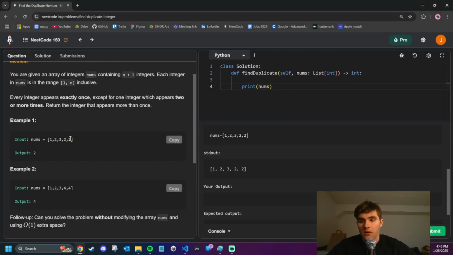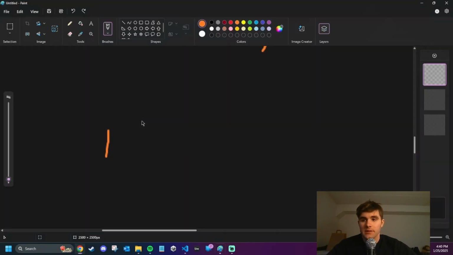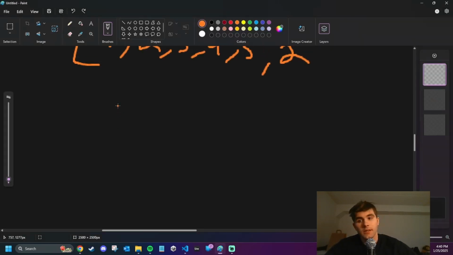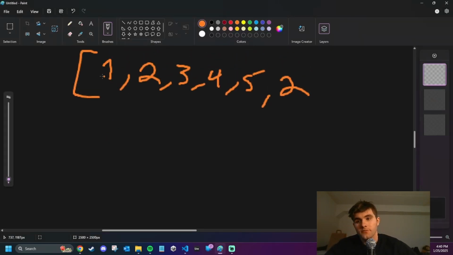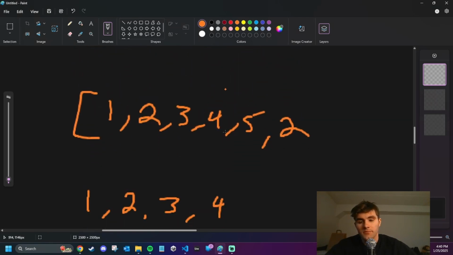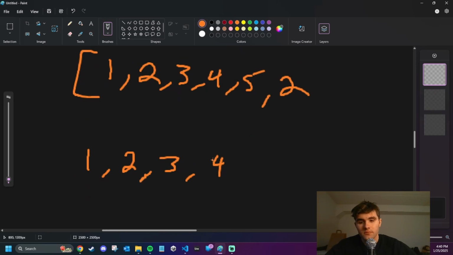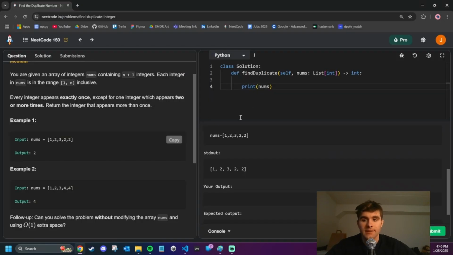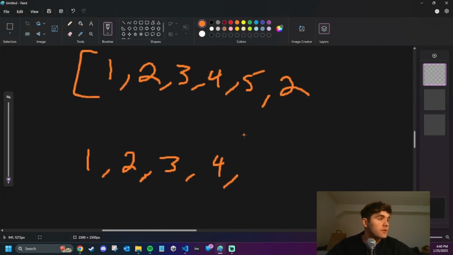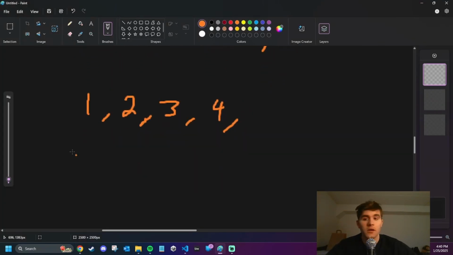Because of uniqueness, you only have so many slots that can be unique. You have n unique slots. So if something appears twice, then you'll have n unique numbers and one number that appears twice.